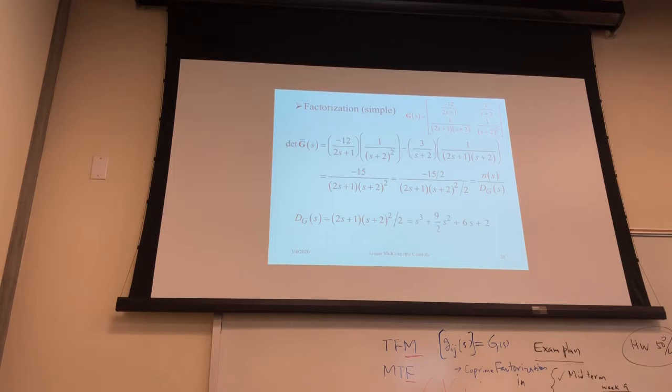By expansion, you end up with this. The reason we put a divided by 2 here, do you know why? The reason is to make this polynomial monic. I use this term 10 times. So that this is monic, this is monic. That's why you need to divide by 2. And it's third degree here. So that's our d_G. What is the n(s)? Because of the d_G, you can write A0, A1, A2.